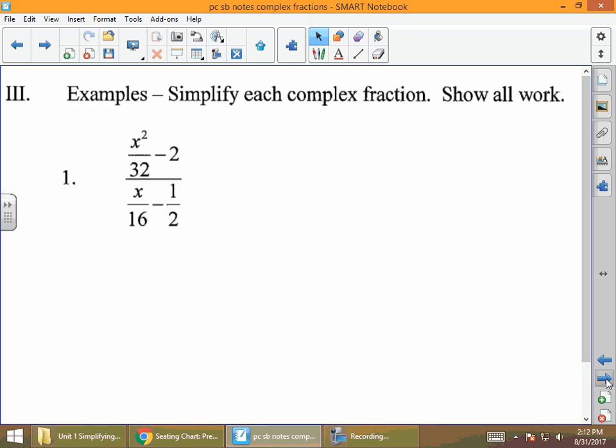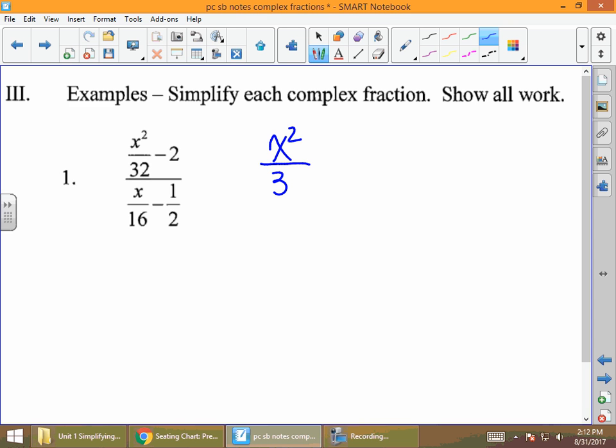So the first example here, again, I want to do the first method. And again, we're going to do the same thing that we were just doing. We're going to take x squared over 32 minus 2. And remember that that's 2 over 1. I'm going to subtract it. And in order to do that, we need to find the common denominator. And the common denominator between 32 and 1 is 32.